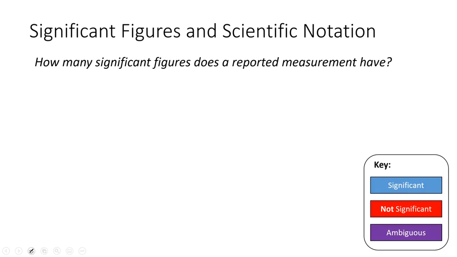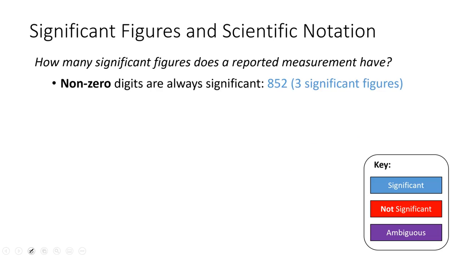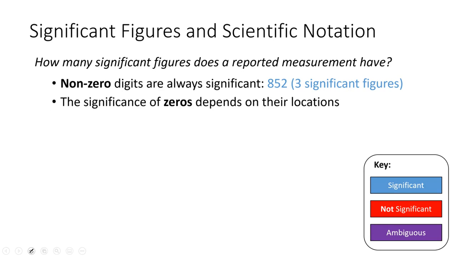Okay, and so what if you're given a measurement and you need to figure out how many significant figures it has? It's not always super straightforward, but there are some rules. First rule, anything that's not a 0 is always significant. This is the easy one. So 852 has 3 sig figs. The zeros get a little bit more complicated, so their significance depends on their location.